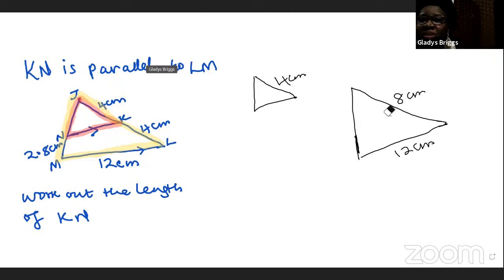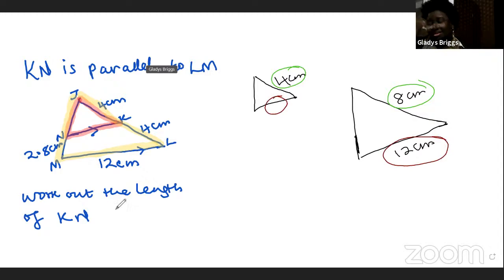You've been given these two things. And now you have this one and you're looking for this one. How would you find it? That's NK, isn't it? That's the line that's asking you to find. NK. Isn't that one this one? And this is ML. So you don't even need any other information. You got the information you need to work out that missing length, if they are parallel.